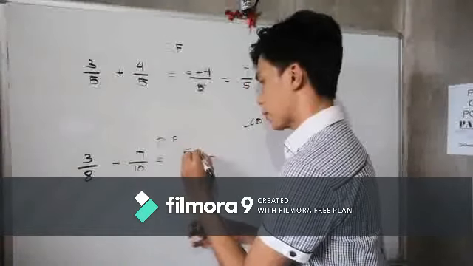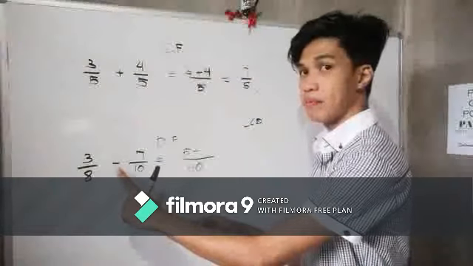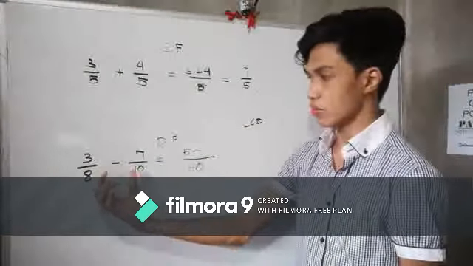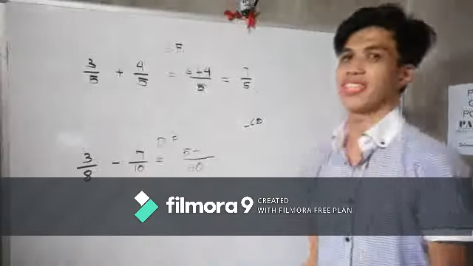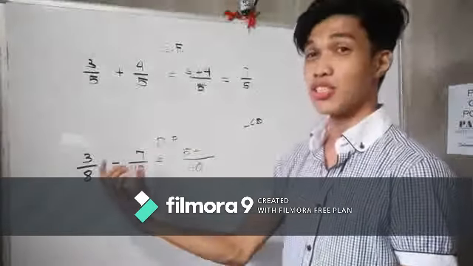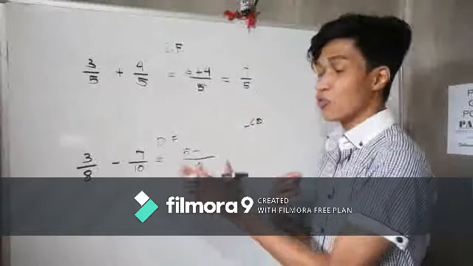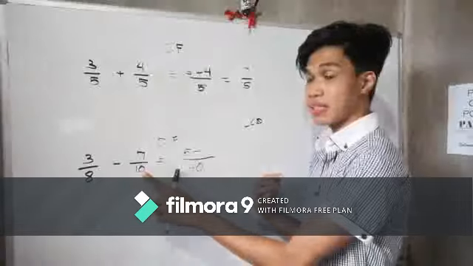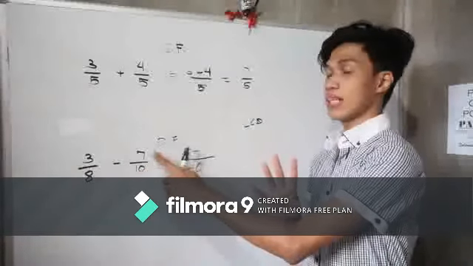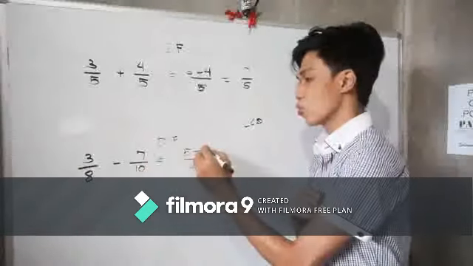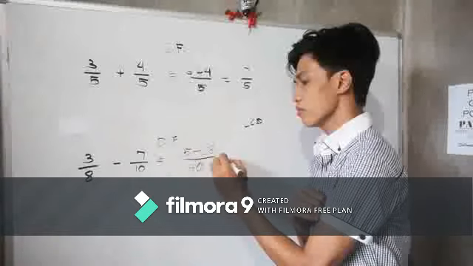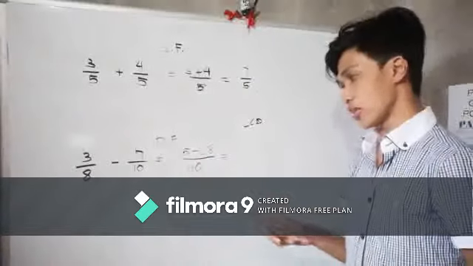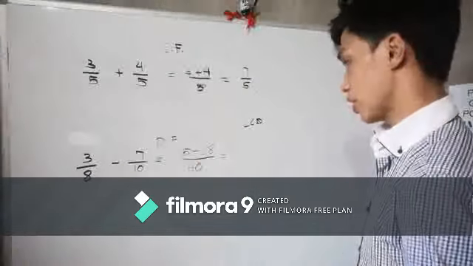Then copy the operation, which is subtraction. Then let's do the same on the second one: 40 divided by 10 is 4, times 7, that would be 28. So we have 15 minus 28 over 40.